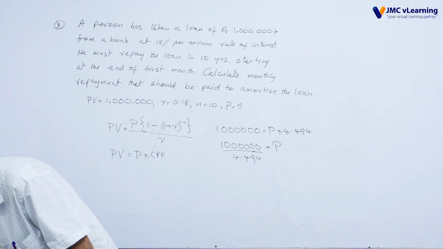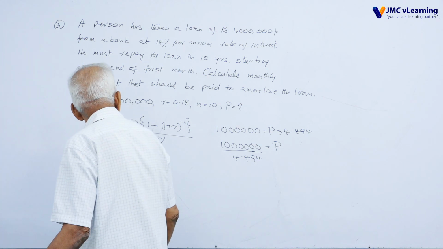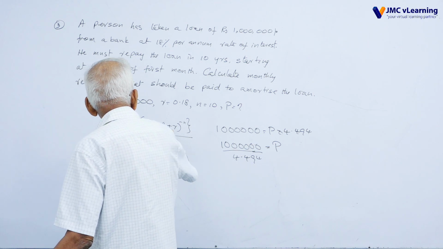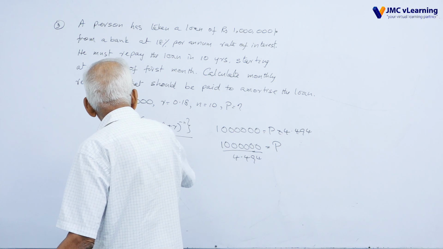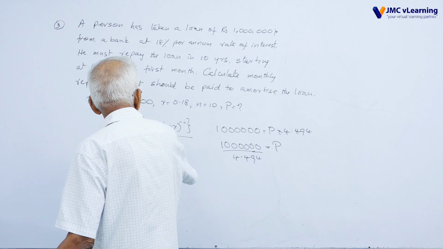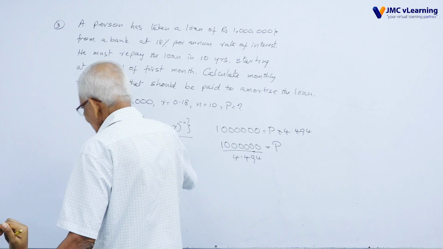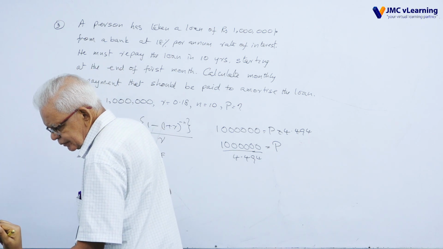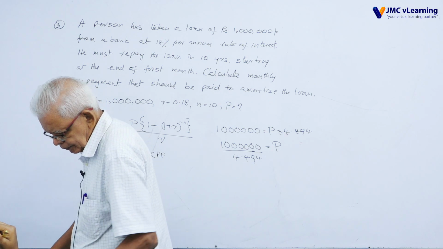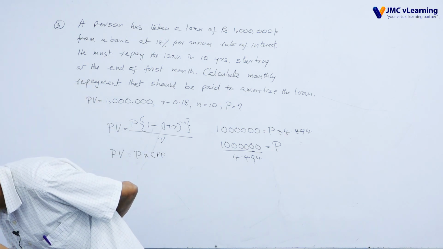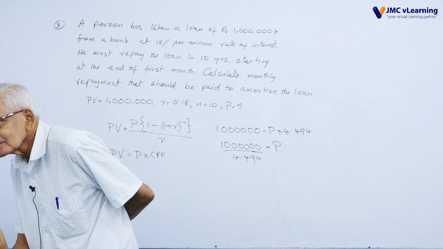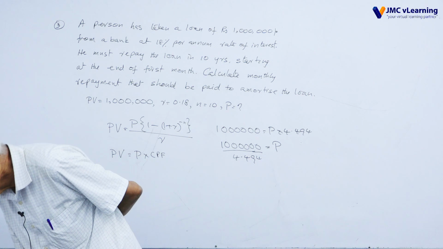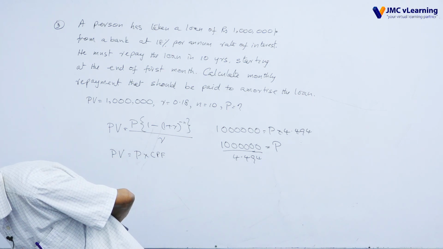1 minus (1 plus r) to the power minus 10, where r is 0.18, over r. How can that be a big difference? We'll check the cumulative factor at 18%. The annual payment is 222,514.